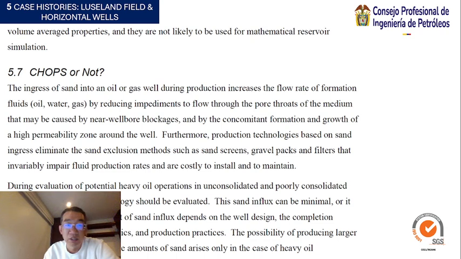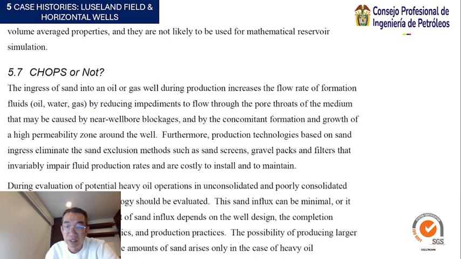During evaluation of heavy oil operations in unconsolidated and poorly consolidated sandstones, sand influx techniques should be evaluated. This sand influx can be minimal or it can be massive, and the amount of sand influx depends on the well design, the completion approach, reservoir characteristics, and production practices.